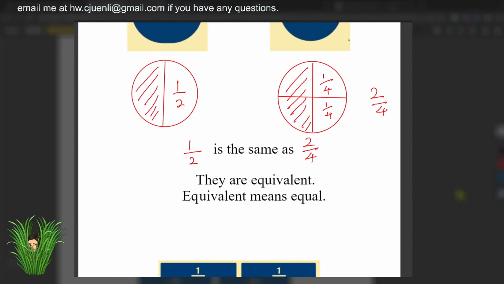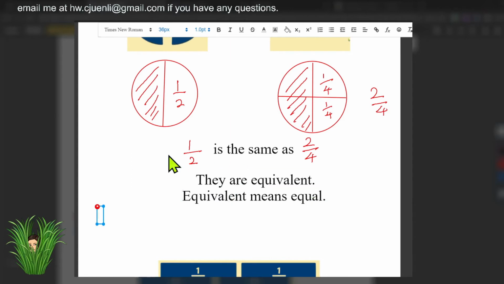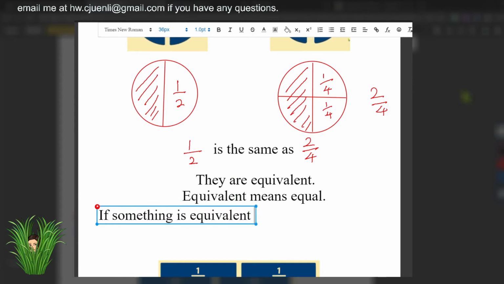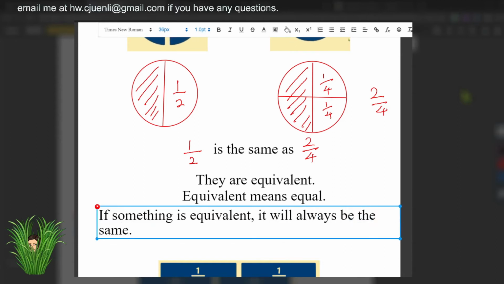When you write down the notes, you can write this down as well. Both of them are equal. If something is equivalent, it will always be the same. So whenever it is 1 over 2, the equivalent fraction is always 2 over 4.